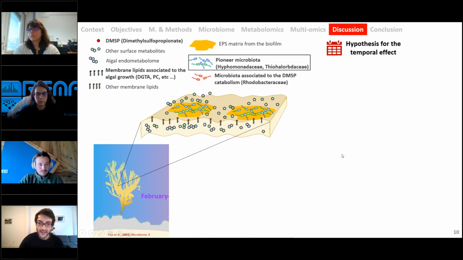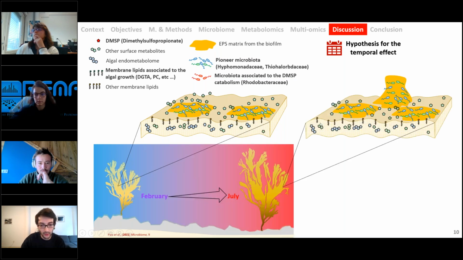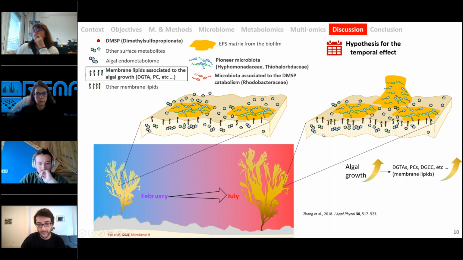So there are some conclusions that we can make about the temporal effect first. When we are in February, we have a young algae which has a pioneer microbiota, and when we go over time to July, we have, of course, the algal growth, and this algal growth can be seen with another expression of some membrane lipids like the DGTAs.